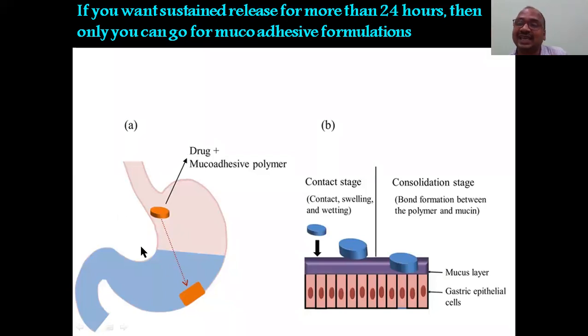It goes and sticks just like a gum. See, if you bind the drug with a mucoadhesive polymer, it goes into the stomach and gets stuck. It will be there not 2 hours, but 2 days, 3 days, 4 days. As you have designed it, it will stay in the stomach itself. If you want, you can design it to stick on the intestine also.